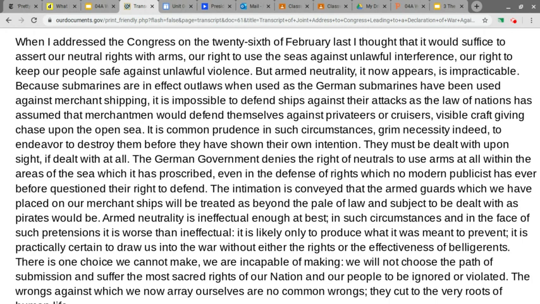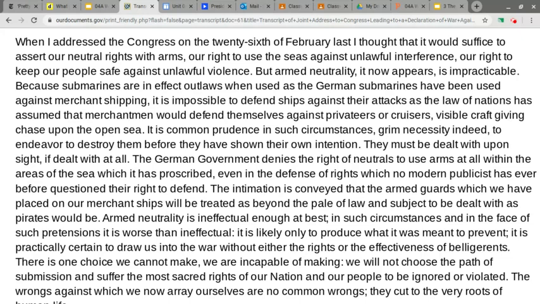When I addressed the Congress on the 26th of February last, I thought that it would suffice to assert our neutral rights with arms, our right to use the seas against unlawful interference, our right to keep our people safe against unlawful violence.